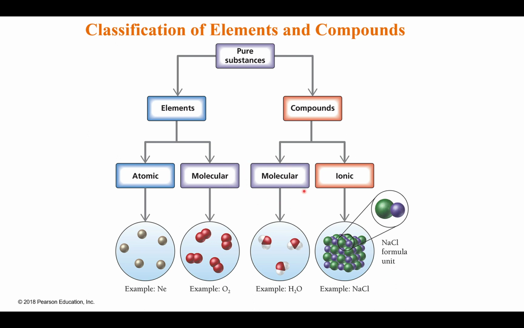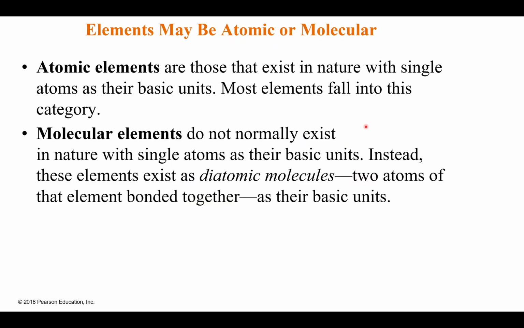But if the compound is made out of nonmetals, then it's molecular through covalent bonding, not transfer of electrons to create charged species like we have in sodium chloride, but rather through sharing of electrons like we have in water. Okay, so you need to know that subclassification of elements and compounds.